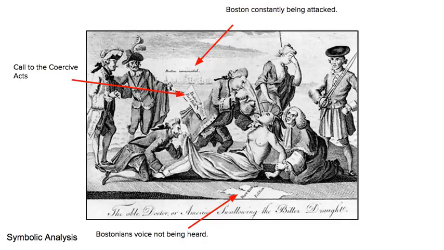We've got the call to the Coercive Acts in the fact that the Boston Port Bill is poking at the pocket of Lord North, dead center of the image. And we also got the petition on the floor next to America, and it looks like it's being ripped up. It's Boston's voice not being heard.